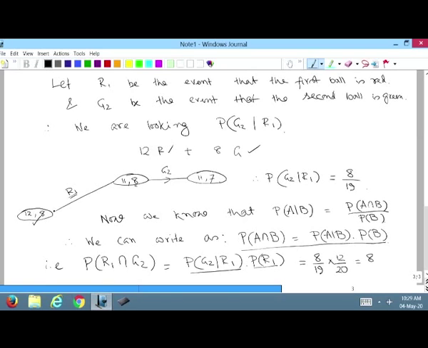This is equal to 8 upon 19 multiplied by 3 upon 5. That is how we get the probability of the joint occurrence of R1 and G2.